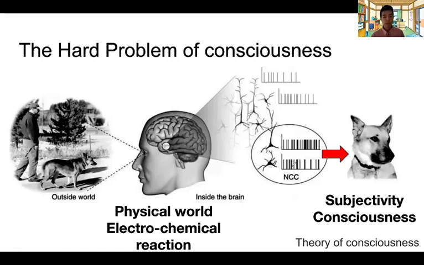So the activity of the neurons in a particular area in the brain seems to generate some qualia, a particular aspect of consciousness in us.